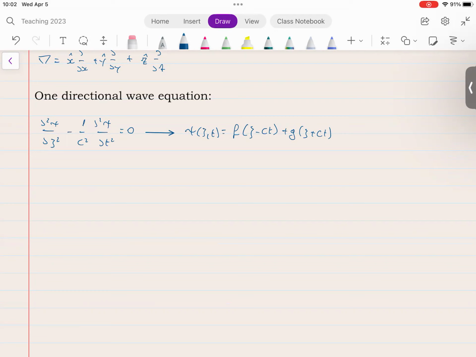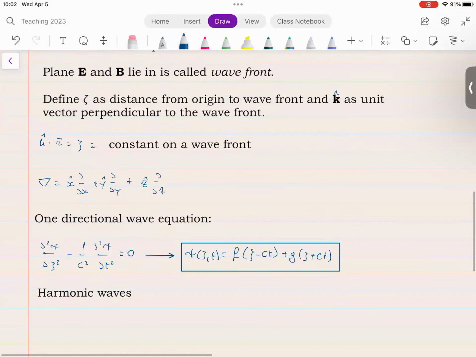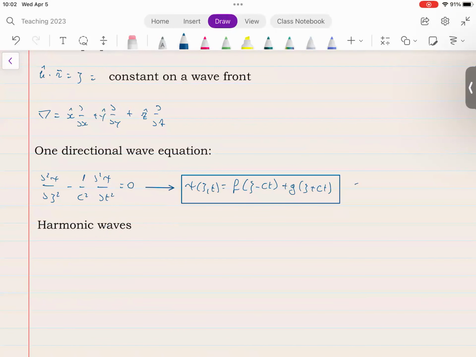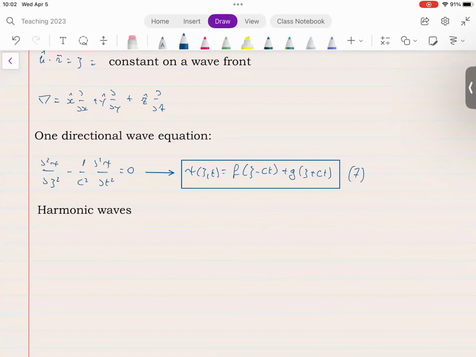So first of all, the next thing we're going to do is to introduce the simple harmonic waves. Remember, this is the general solution, and I lost track of my numbers. Let's call this 7 for my wave equation.